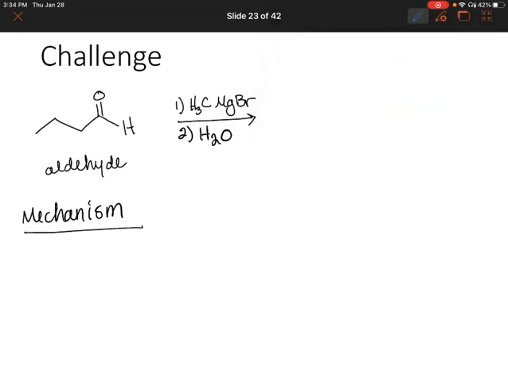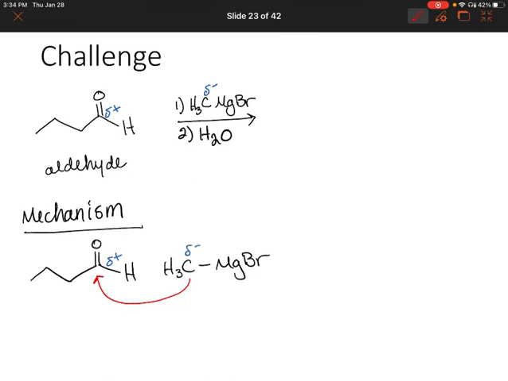Okay, so again, we have our partial negative carbon, partial positive carbon. So let's redraw those and we'll show what happens. Okay, so the negative carbon comes in and attacks the partial positive carbon in the aldehyde, and then electrons are moved up to oxygen. Okay, so our oxygen now is negatively charged.